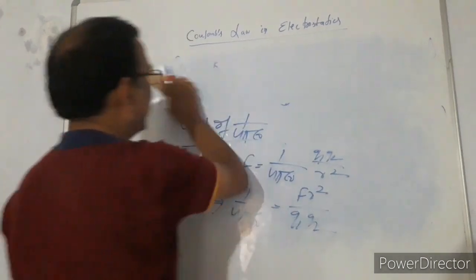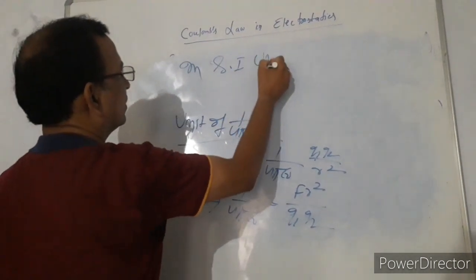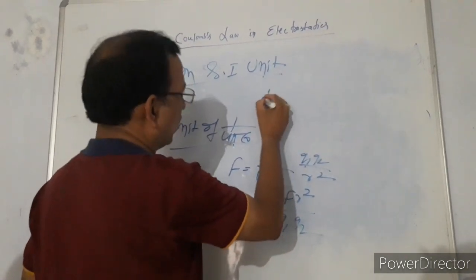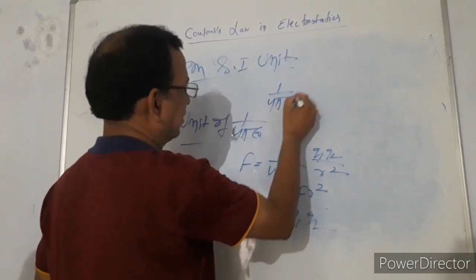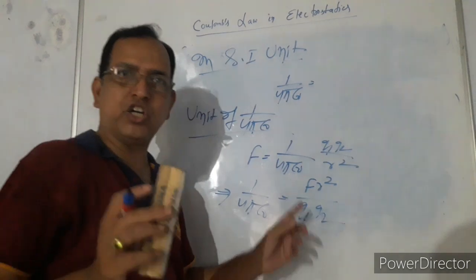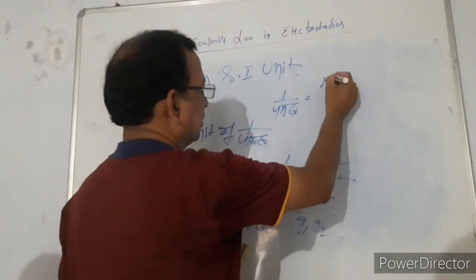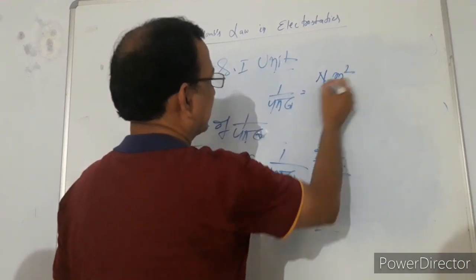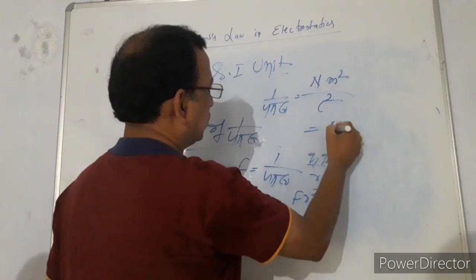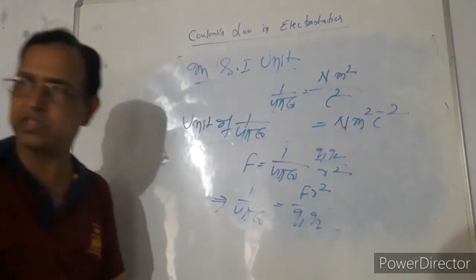So in SI unit, 1 by 4 pi epsilon naught is equal to F, force. What is the unit of force in SI? That is Newton. R, meter square. Coulomb into Coulomb, Coulomb square. That is equal to Newton meter square, Coulomb inverse square. That's the unit.